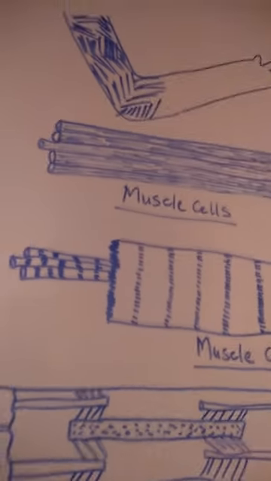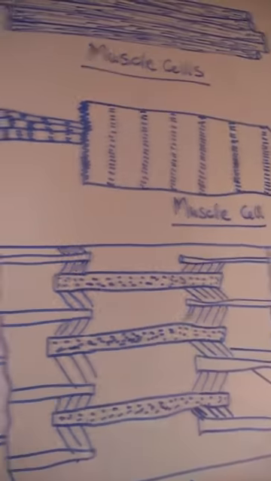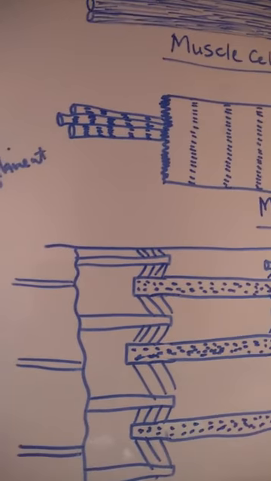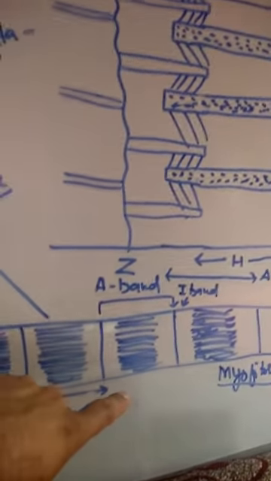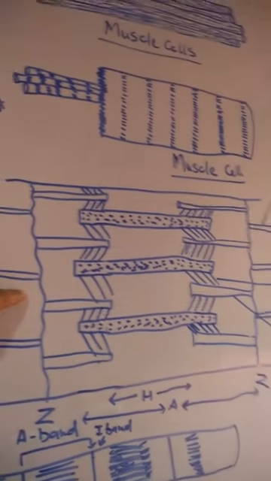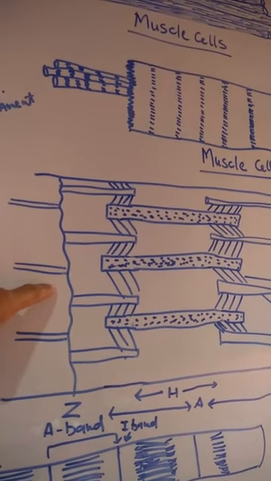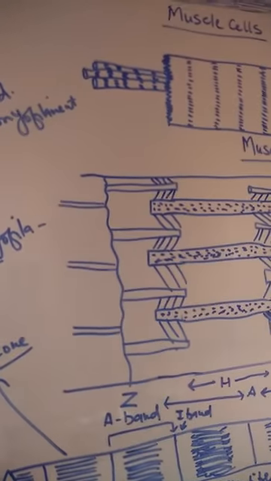Next are the muscle cells, which contain small filaments that can be drawn from them. Later on, this is the structure of a myofibril. The myofibril contains myofilaments which have the Z bands, A bands, light striations and dark striations, which can be clearly seen. That's all for today.